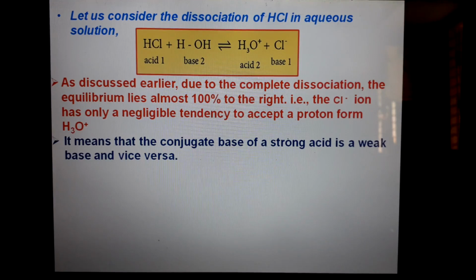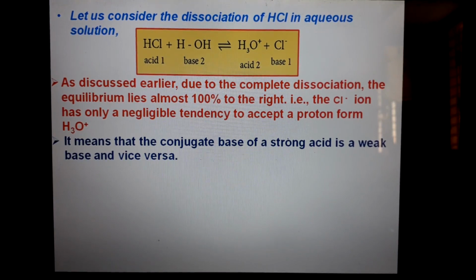First concept: conjugate base of a strong acid means HCl releases Cl−. The Cl− is the conjugate base of a strong acid. It is a weak base. Then H2O takes the H+ ion to form the H3O+ ion. So H2O is a weak base, but gives the strong acid H3O+.